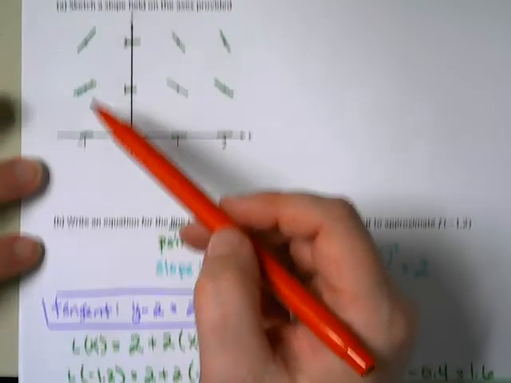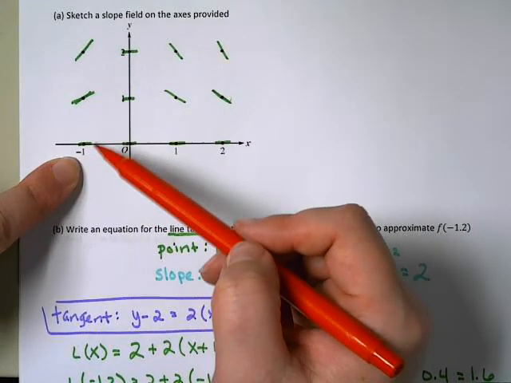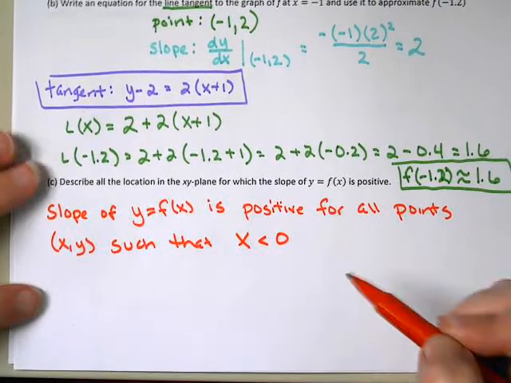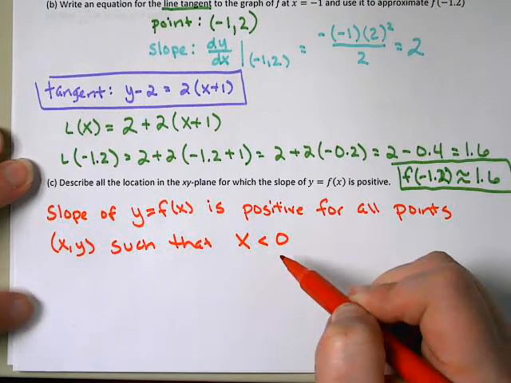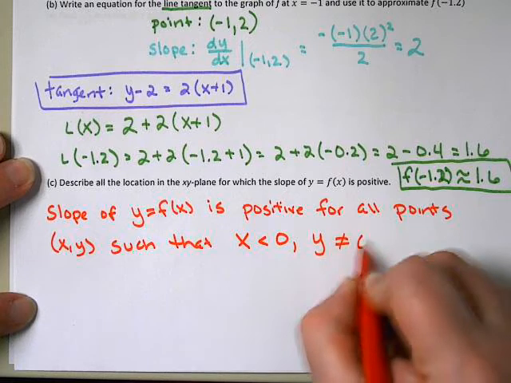All right, but we said that works for these 2 points, but right here x is less than 0 also, and we know that the slope was 0. So really what we need to say is it's all points xy such that x is less than 0 and y is not equal to 0.